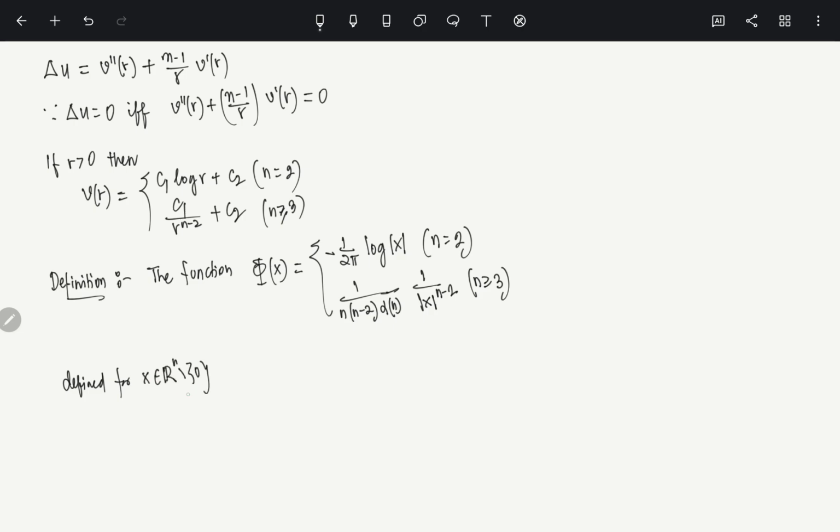That is defined for x in Rn minus 0, and this is called the fundamental solution of the Laplace equation.